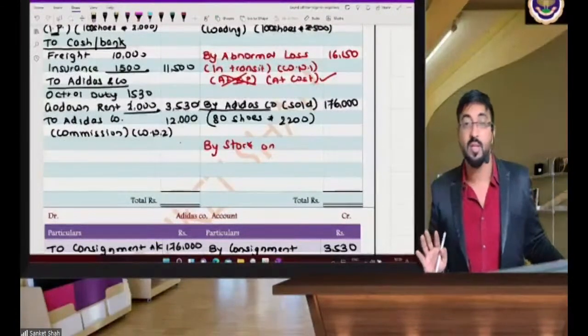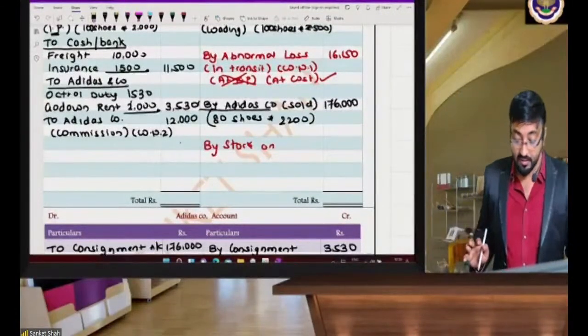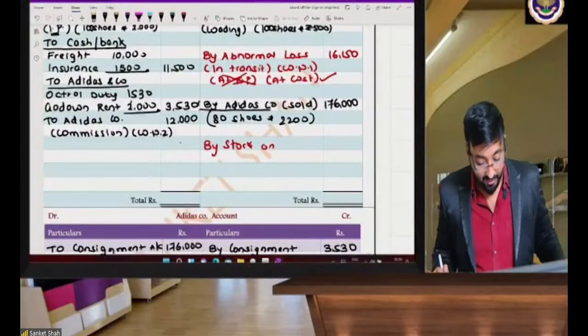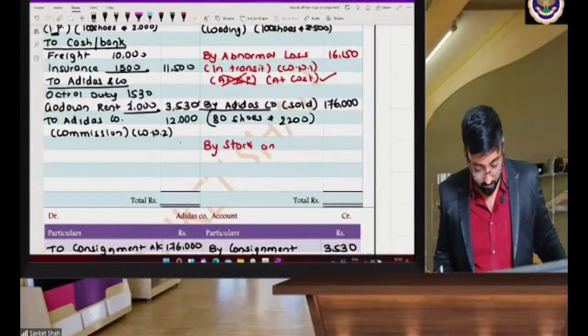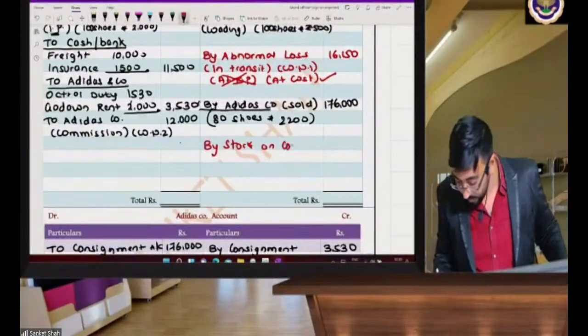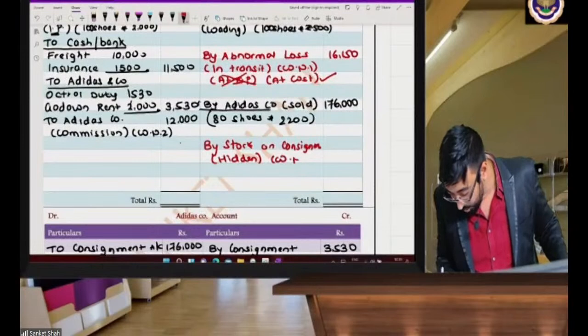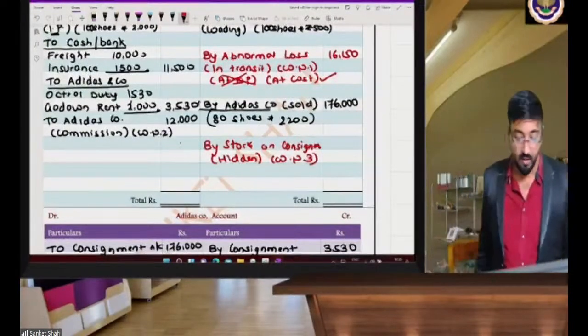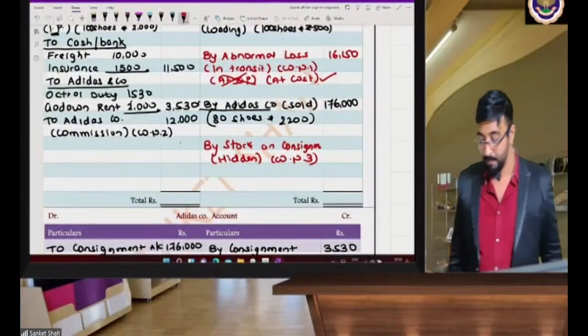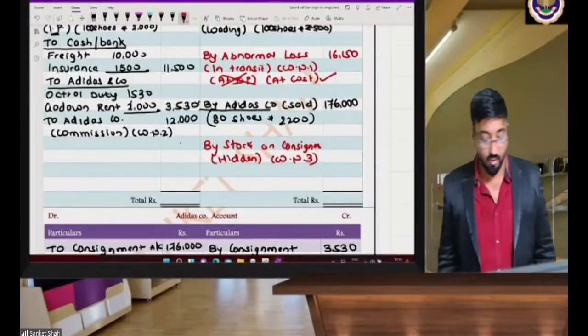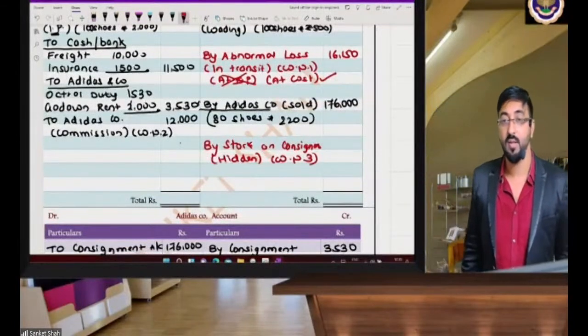Okay, the opposite side is blank. By stock on consignment, hidden. And for this now, working note number 3. Hidden calculation, stock on consignment.